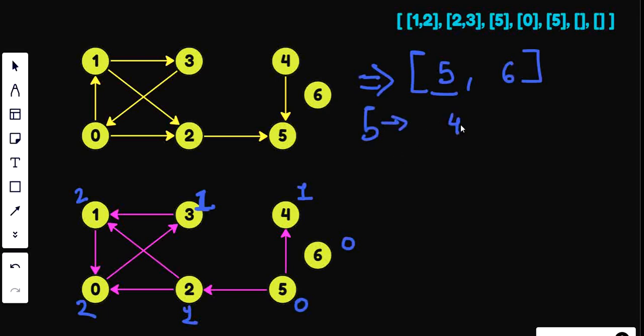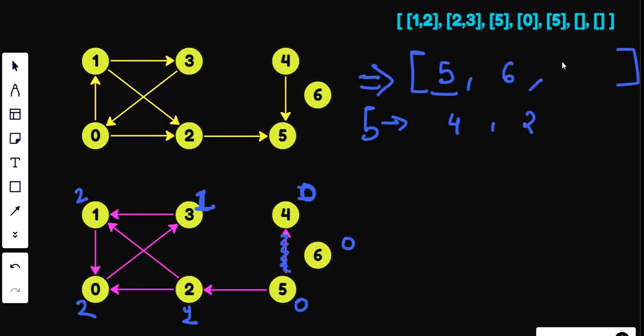That is 4 and 2. Now I am saying delete the outgoing edge of these two nodes. Firstly let's remove this one. If I remove this one, what will be the in degree of 4? It will become 0, right?